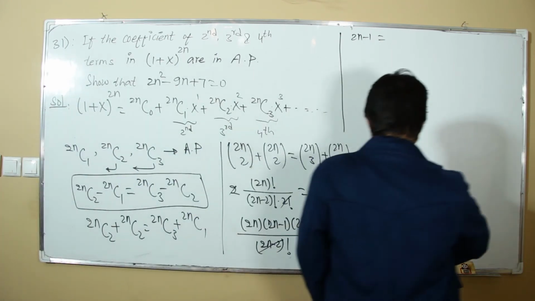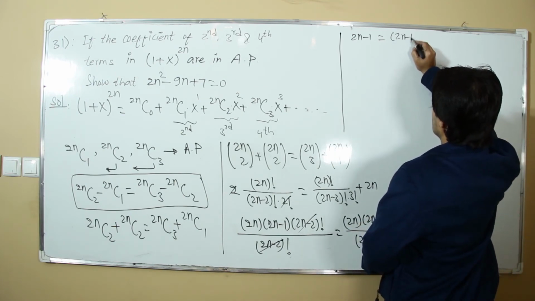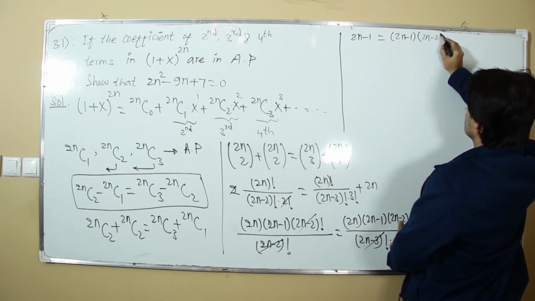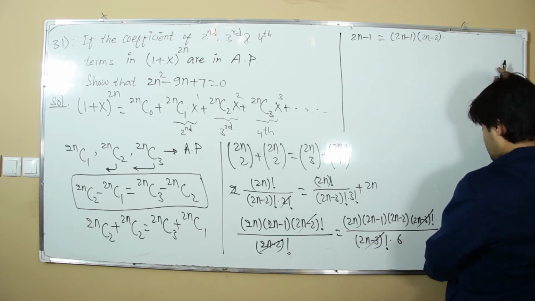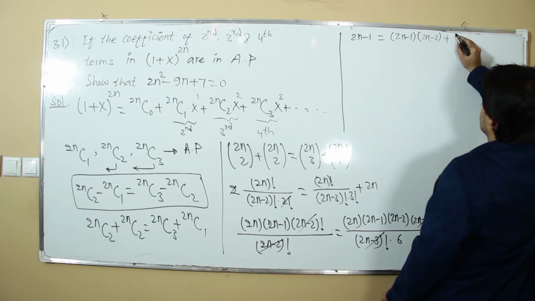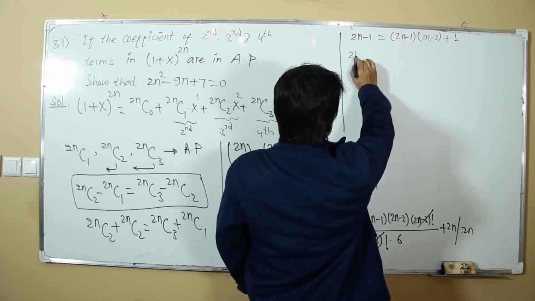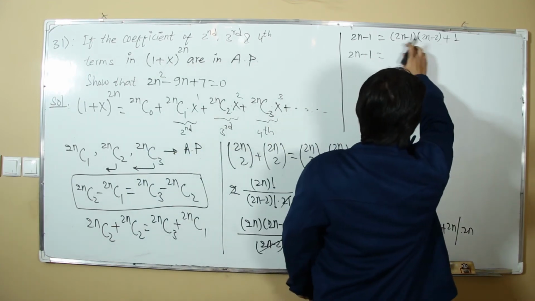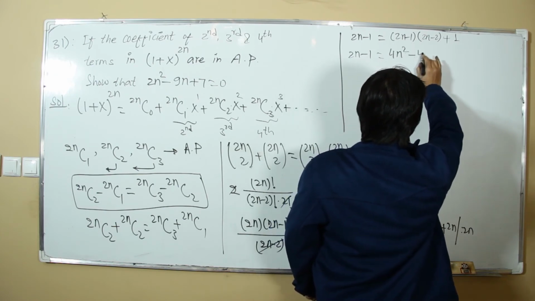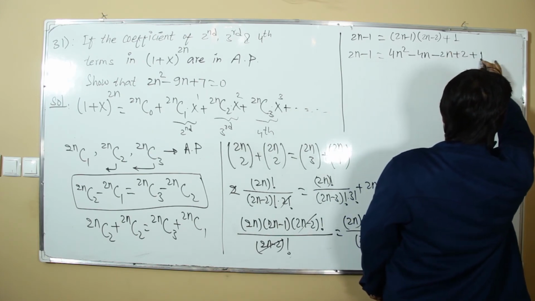We have 2n minus 1, this is cancelled, 2n minus 1 times 2n minus 2, and plus 2n divided by 2n, it's 1. Now 2n minus 1, you have to multiply these two brackets. 2n times 2n is 4n square, minus 4n minus 2n plus 2, plus 1.